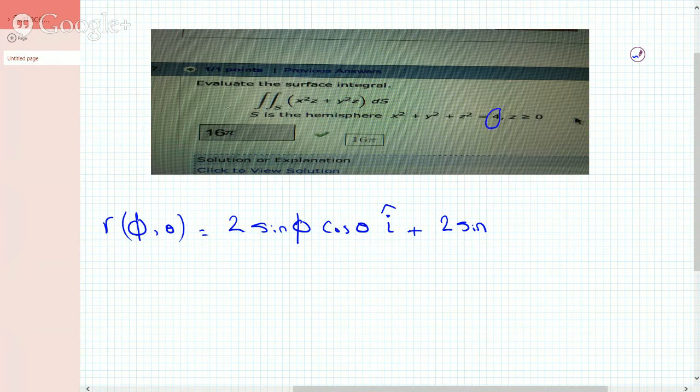So this here is rho squared, so that means rho equals 2. So 2 sine phi sine theta j, and then z is just 2 cosine phi, rho cosine phi, in the k.